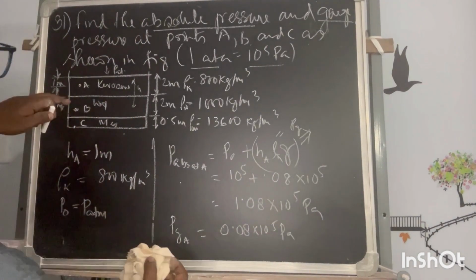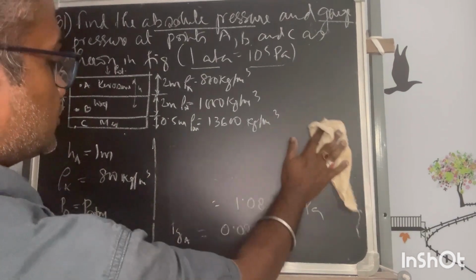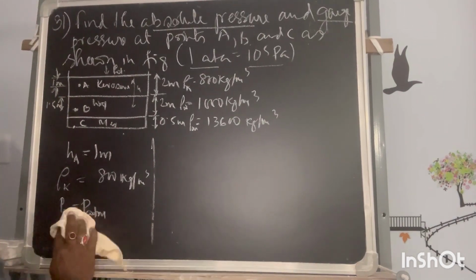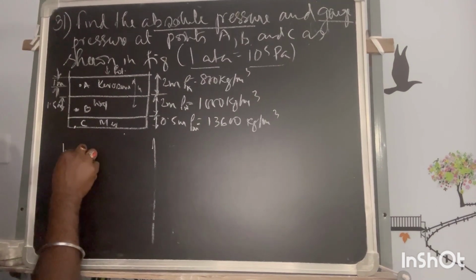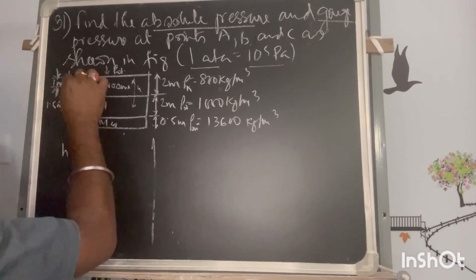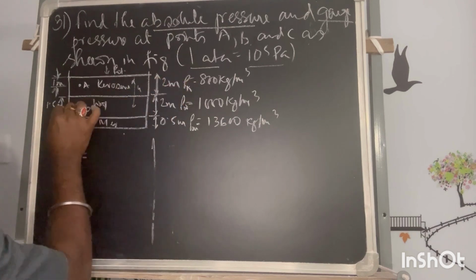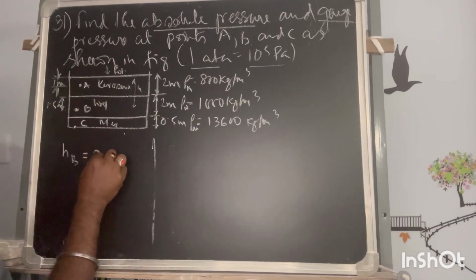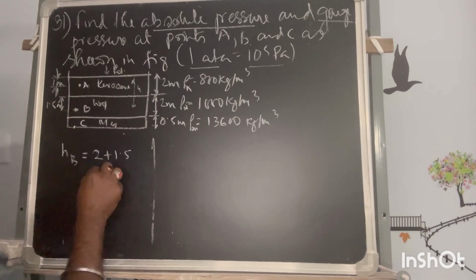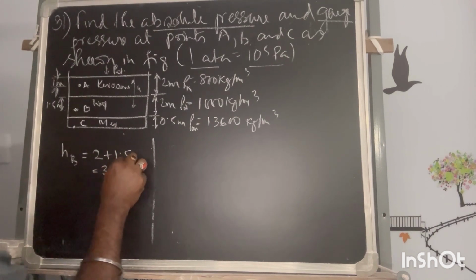Now second set, when I will reach B. So let me check what will be the case for B. First thing is height. Height of B is how much? This you know, 2 up to this, from this it is 1.5. So total height is 2 plus 1.5, that is equal to 3.5 meter.